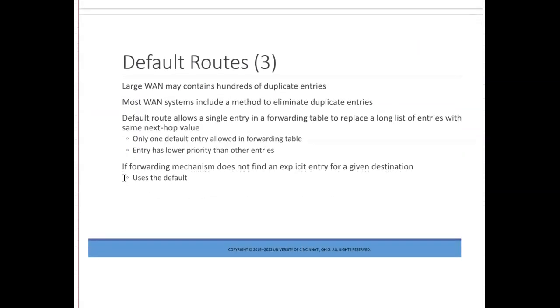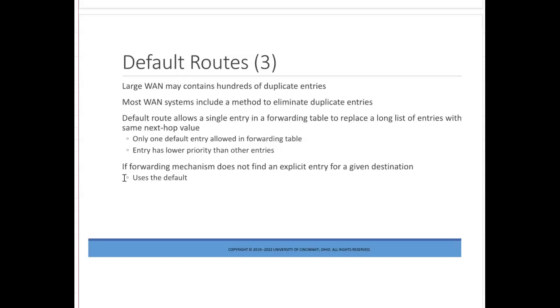A large WAN may contain hundreds of duplicate entries, so most WAN systems include a mechanism used to eliminate common types of duplicate entries. Default route allows a single entry in a forwarding table to replace a long list of entries with the same next hop value.